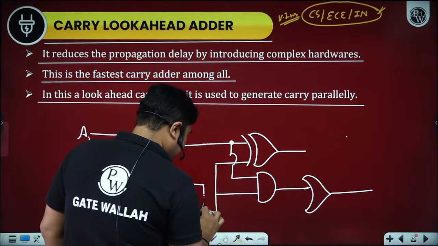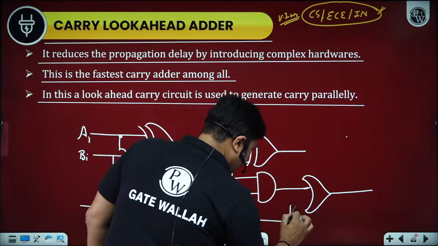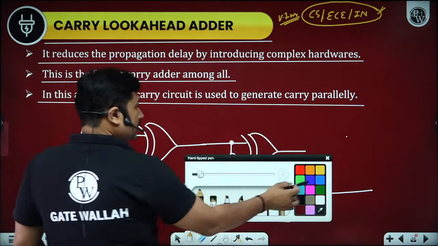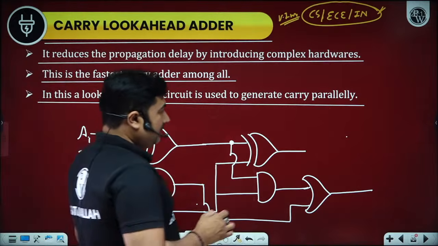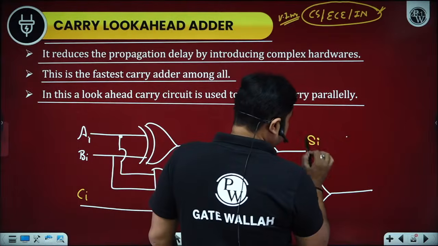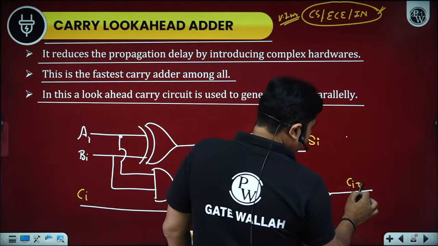Please observe: Ai, Bi, Ci is the carry, and we are getting Si as the sum bit and Ci+1 as the next carry.